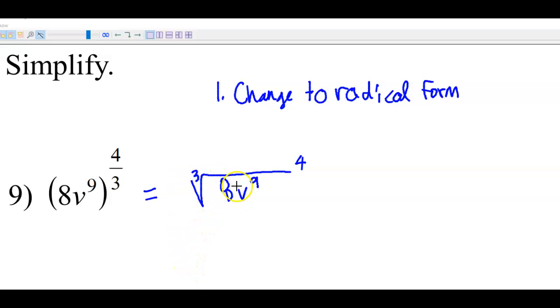So it's probably going to be much easier to take the root first, because that will make these become smaller numbers, and then I can raise them to the 4th power. So although you can do it either way, I would definitely evaluate the root first. So our second step is to evaluate the root.